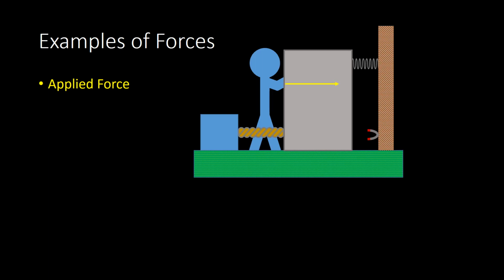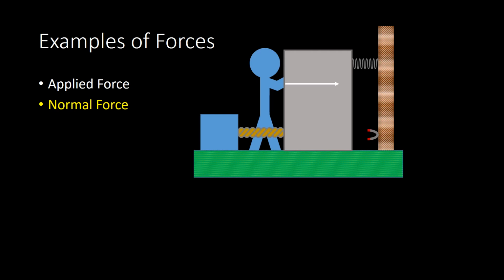Okay, another example of a force may not be the next one you'd think of, but since we're talking about pushes, well, there's clearly a push from the ground pushing up on the box, and that we call a normal force. It's because of the contact between the box and the ground, the contact of two surfaces, so we'll call it the normal force.